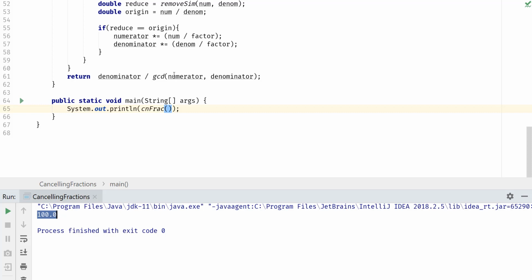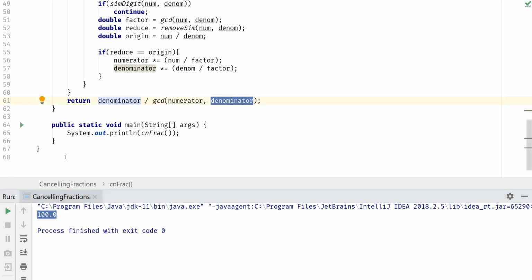Because I reduced everything right here, you're only going to get 2 for the numerator and 200 for the denominator. If you run the GCD for the 2 and the 200, you're going to get 2 for the greatest common divisor. 200 divided by 2 gives you 100, and this solves the problem.